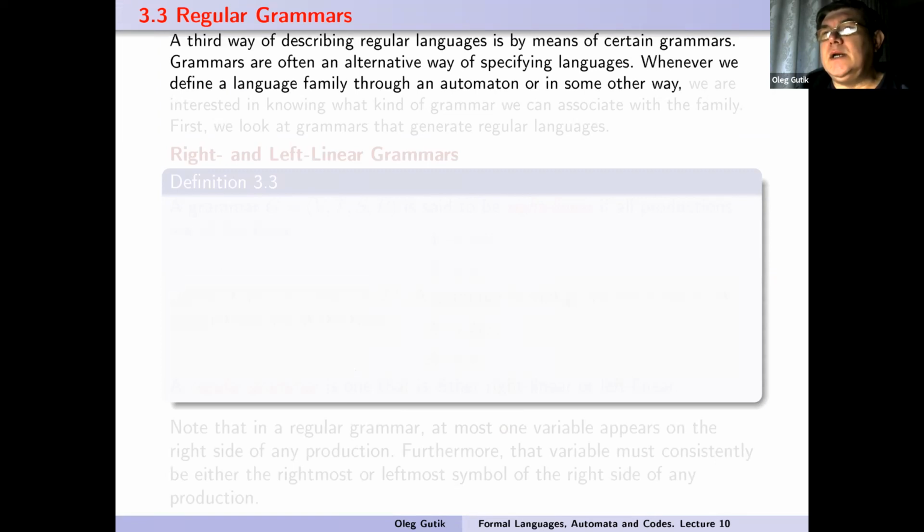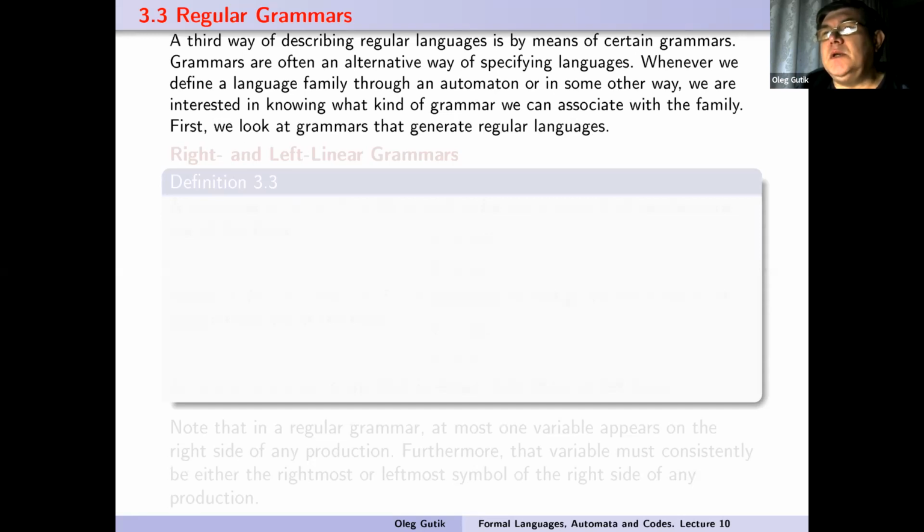Where we define a language family through an automaton or in some other way, we are interested in knowing what kind of grammar we can associate with the family. We look at grammars that generate regular languages: right and left linear grammars.